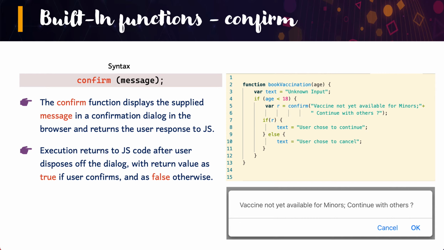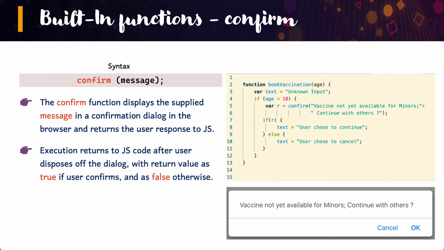So let's say user is trying to book vaccination for multiple people, and one of them has an age less than 18. So we are checking if user should continue with the booking for the other people, or all booking should be stopped, right? So we use a confirmation dialog box in line number 5 to ask that question.